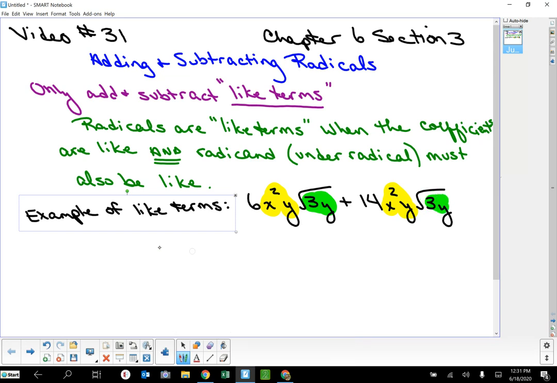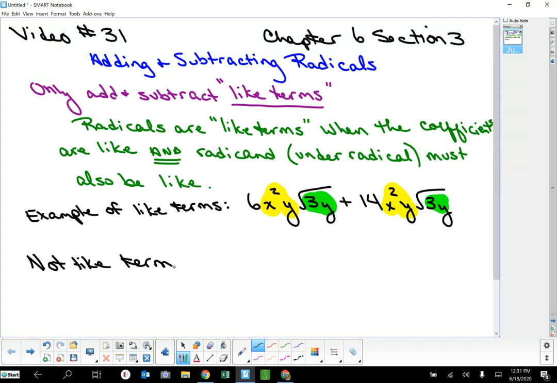Let me show you an example of not a like term. So we might have 6x squared radical 3y and 6x squared radical y.